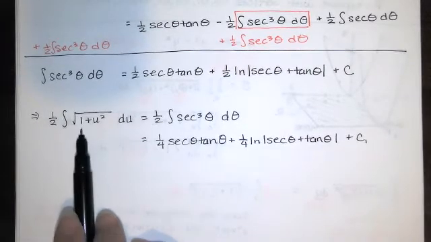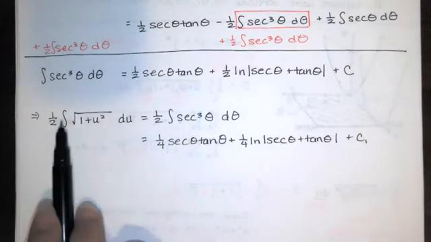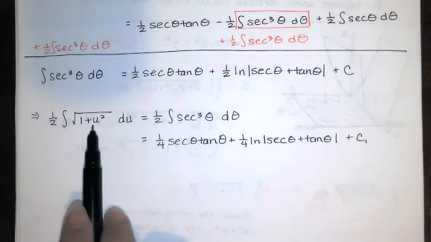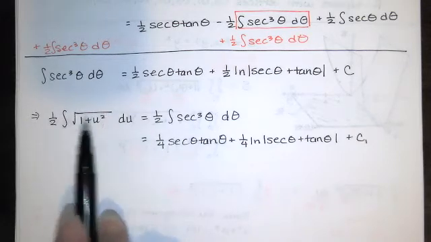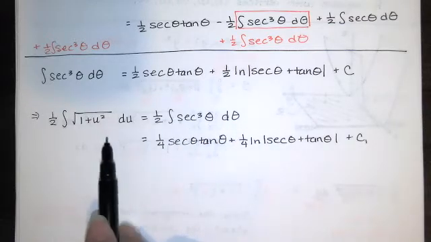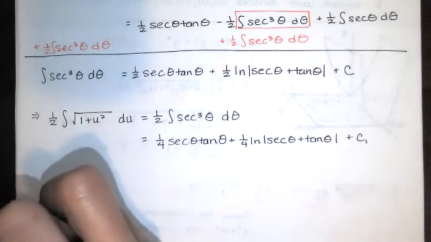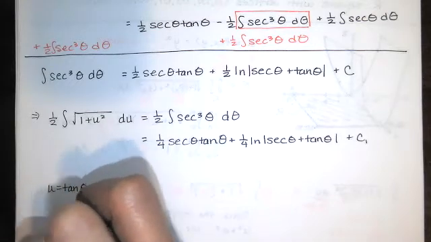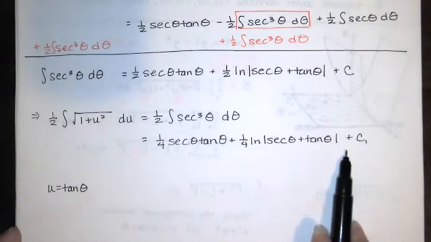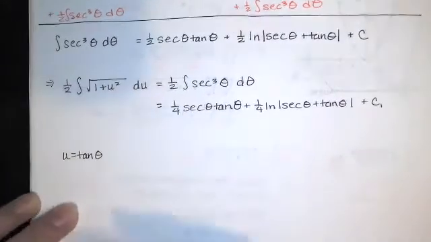Okay, now remember we used trigonometric substitution to evaluate this integral, and eventually we want to get back to an expression involving u. This theta is just something that we made up so that we could evaluate this. So we have to use the fact that u equals tangent of theta to write all of this entirely in terms of u now.